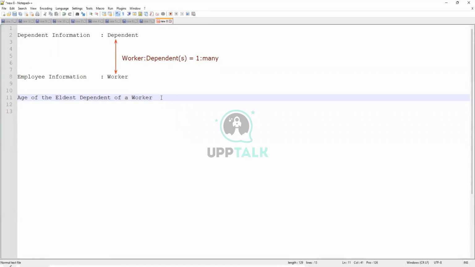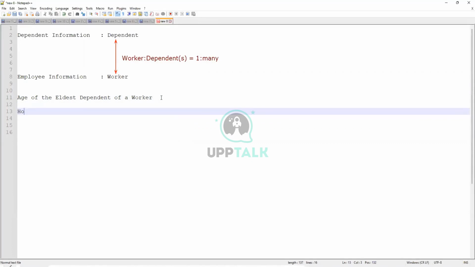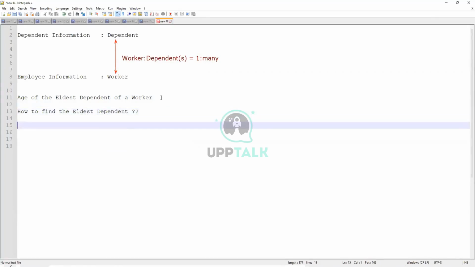So now, when you have multiple dependents, how do you find the eldest dependent? Based on what? Based on the age of the dependent. So we will find it on the basis of the age of the dependent. Correct.